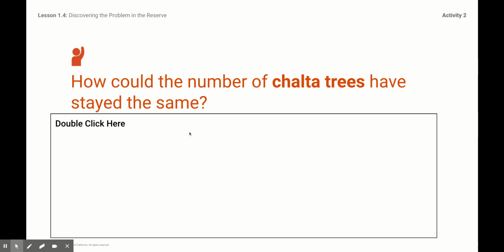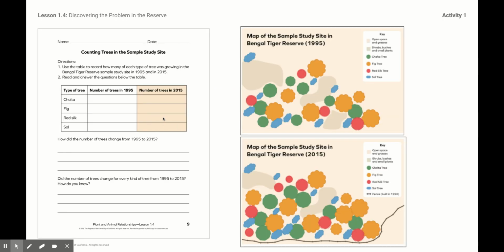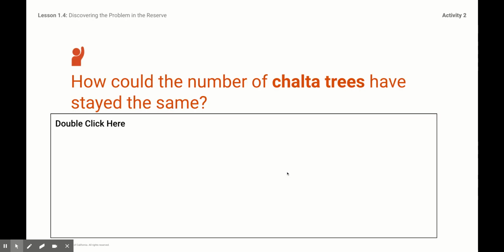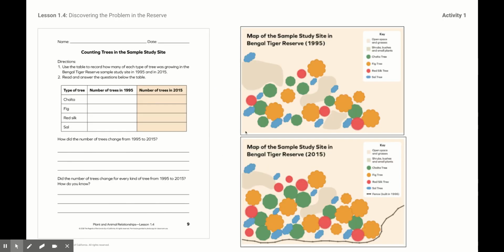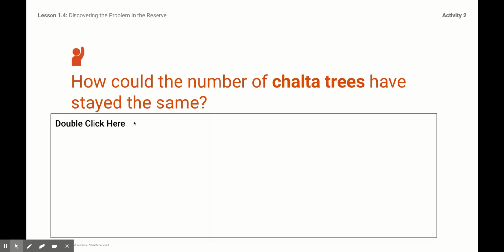So again, you can go back to your chart, your table, and you can use this information because remember we counted that the Chalta trees in 1995 were 8, and then again in 2015 they were 8 as well. So, how could that have happened? How could 20 years go by without any new Chalta trees? So, why don't you use the information that you see on the map and that you put in your table to help you answer this question?